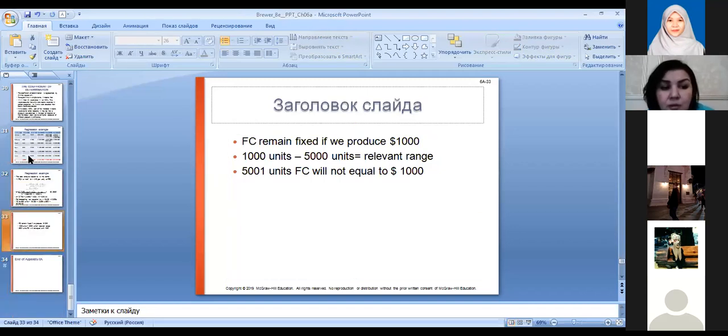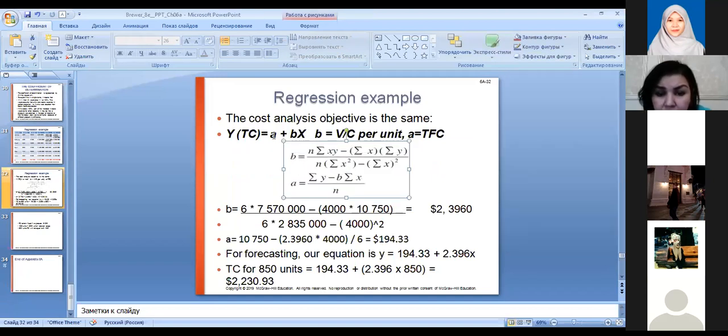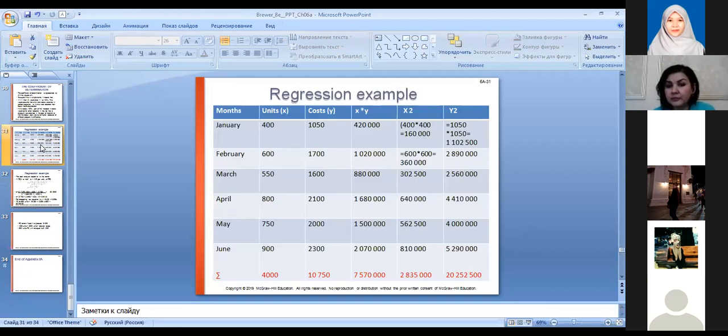Okay, so got the point. We are calculating within the relevant range, where fixed cost remains fixed. It means A, total fixed cost, will be fixed. So within these numbers produced, fixed cost will be fixed.